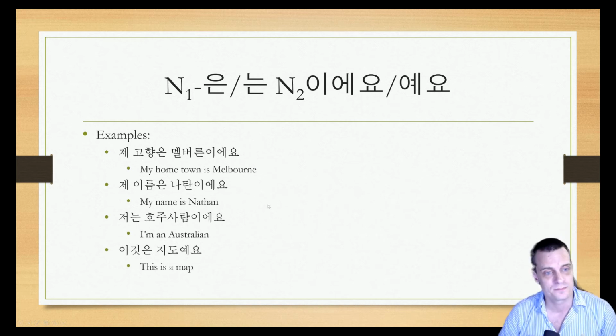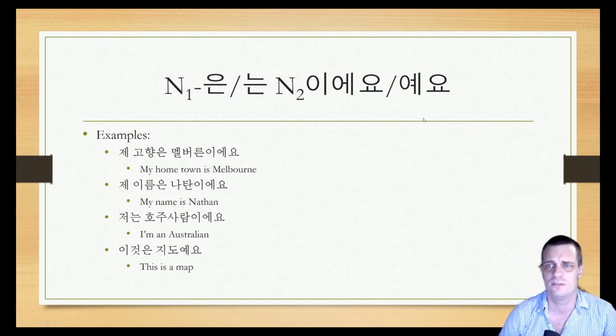I'm from Melbourne. Second one, 제 이름은 나탄이에요, which is my name is Nathan. So when you're creating this sentence, the part you change is just insert your name here. Obviously remembering, as I said before, if your name finishes in a 받침, 이에요. If not, 예요.